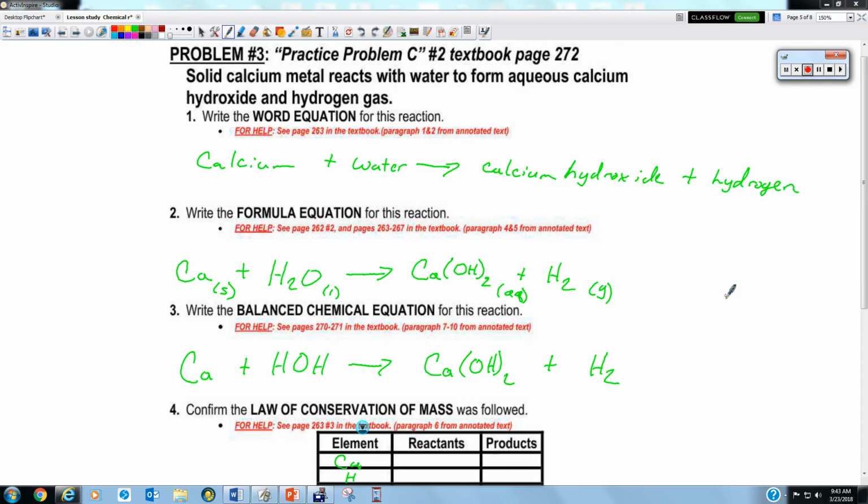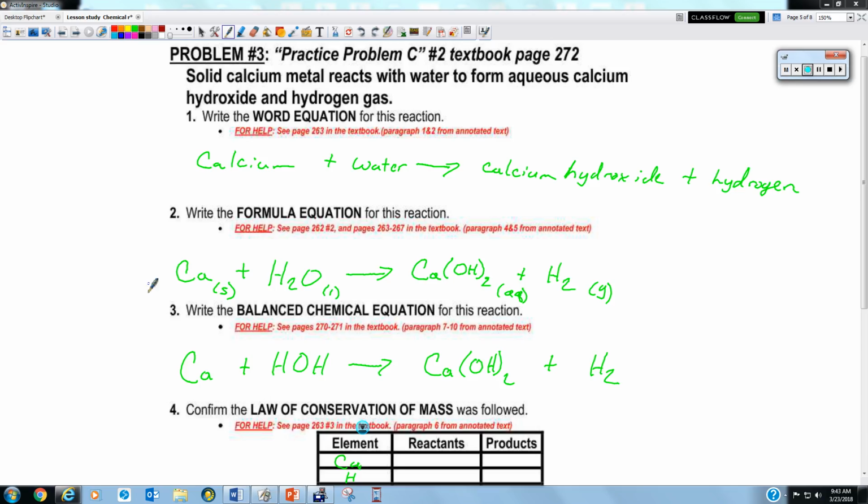All right, so going back for this one, calcium's a solid plus water, calcium hydroxide. Remember, calcium's a +2, so that means it's going to take 2 hydroxide ions. Hydroxide is one of those polyatomics. It's a -1. And then hydrogen gas. Hydrogen gas is H2 because hydrogen is diatomic.